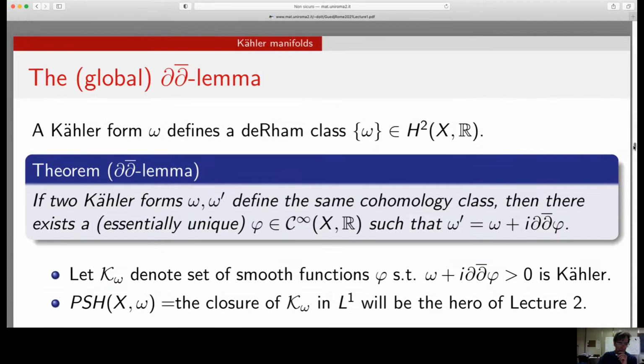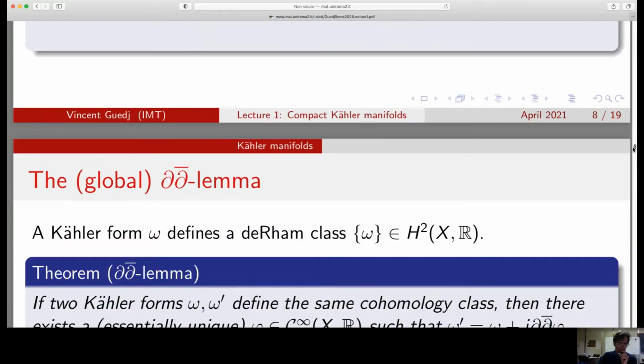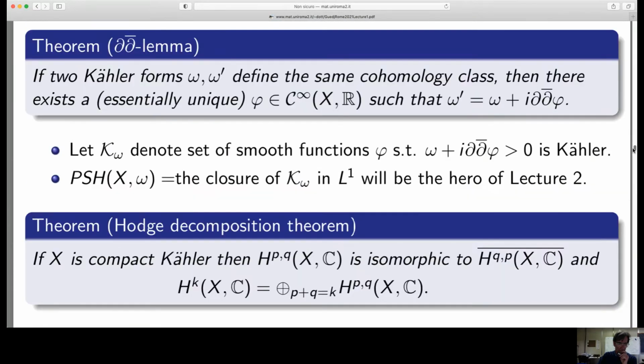Now, another very important fact is the so-called Hodge decomposition theorem.